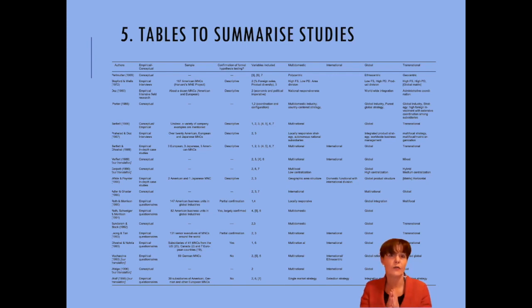In this case, it was about typologies of multinational corporations. So I indicated which type of multinational corporation they found in this particular study. And you can see that many of them found 3 of the 4, but some only found 2, and others found 4 different typologies. These kind of summaries are really time consuming to do.